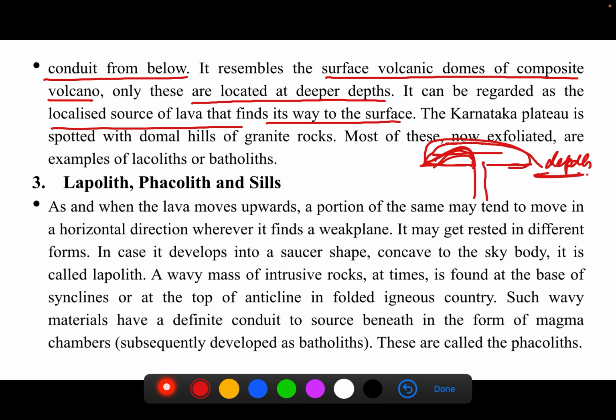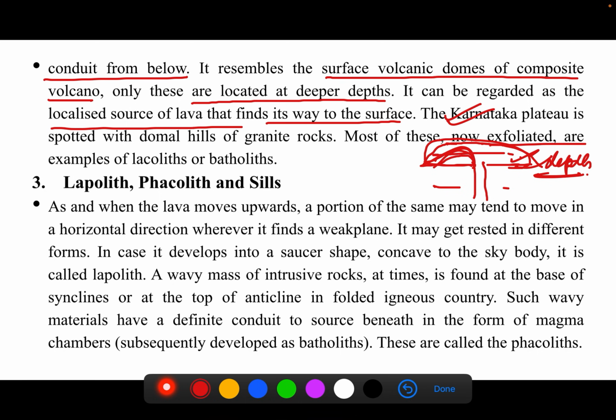The magma chamber or the batholith is at a greater depth and greater distance as compared to laccolith. However, this can play as a source of magma because it is nearer to the surface. The Karnataka plateau is spotted with the domal hills of granite rock. Most of these, now exfoliated, are examples of laccolith or batholith. So we can see Karnataka plateau has a lot of laccolith or batholith.